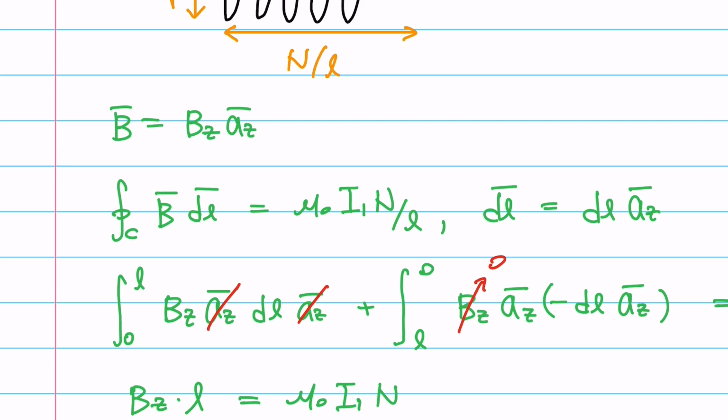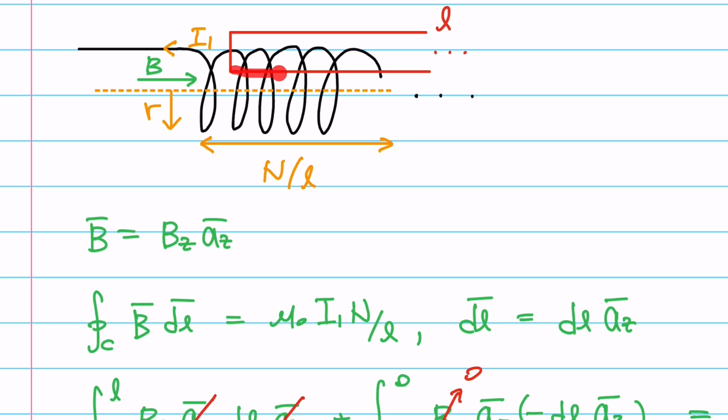But that's for the positive direction, meaning that when you're going this way, you have this part of the equation, but you have to return. So now you have to do a negative dl az and plug it in. That's why you see a negative sign here, because you're now running this way. But the B is exactly the same.